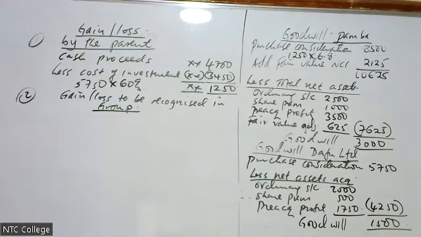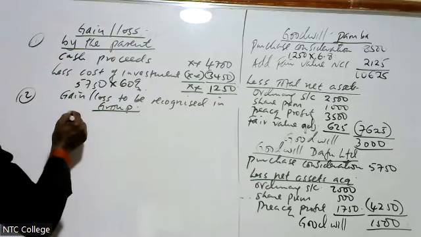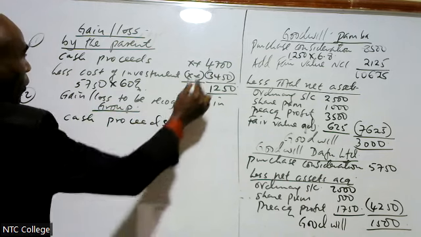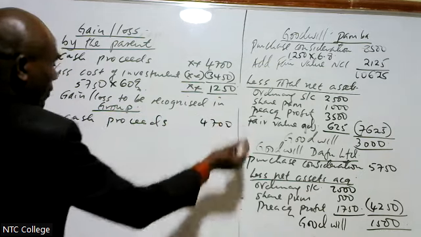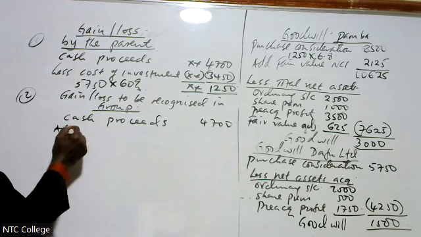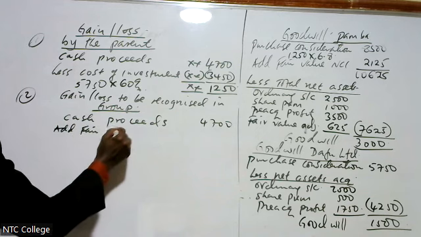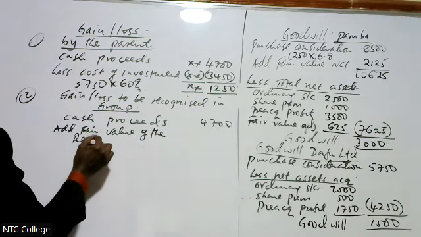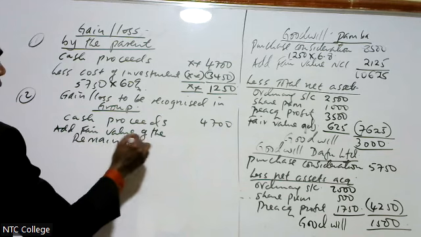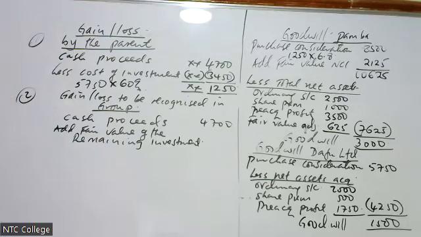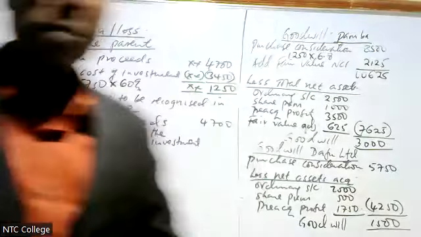Here we are going to take the cash proceeds, which is 47. Then we come to add fair value of the remaining investment.